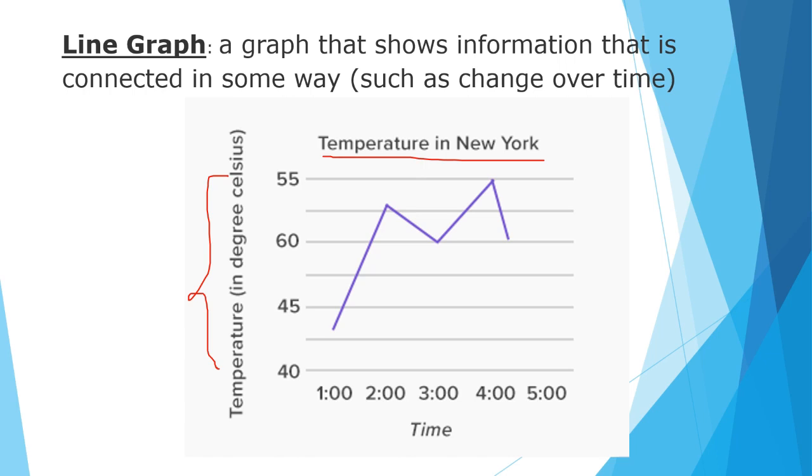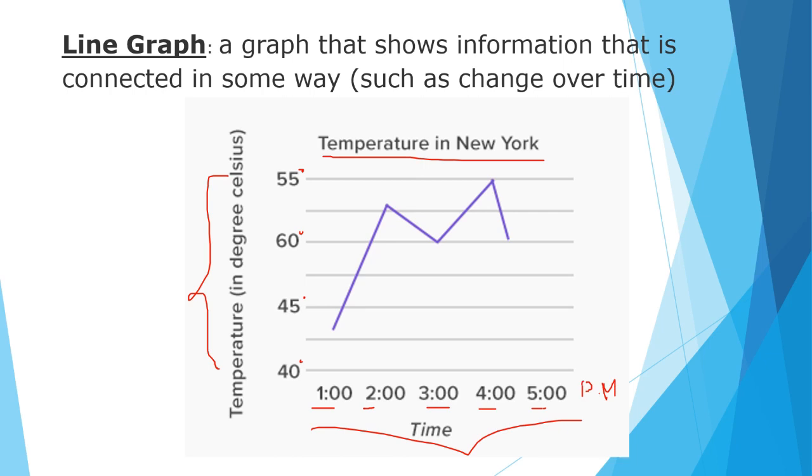So we have 40 degrees, 45 degrees, 60 degrees, and 55 degrees. Now, here for this part, we will write the time. So we have 1 o'clock, 2 o'clock, 3, 4, and 5. Let's say this is in PM. So this is in the afternoon.